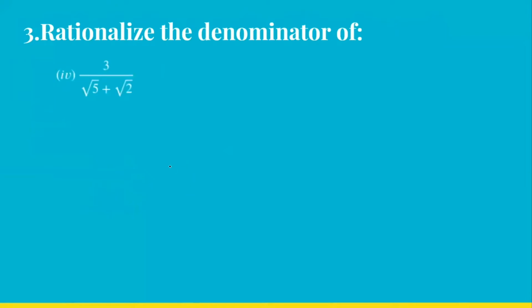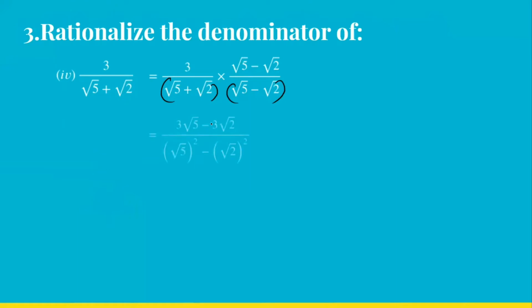Okay, 3 upon root 5 plus root 2. Multiply by root 5 minus root 2. So we are rationalizing the denominator. Again, we have the identity (a plus b) into (a minus b) is a square minus b square. So 3 multiplied by root 5 is 3 root 5. 3 multiplied by minus root 2 is minus 3 root 2.